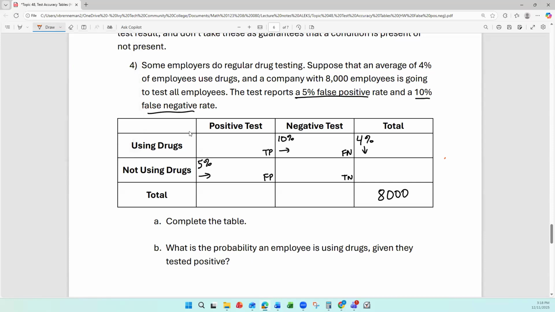So starting with the total, 4% of 8,000 is 320.